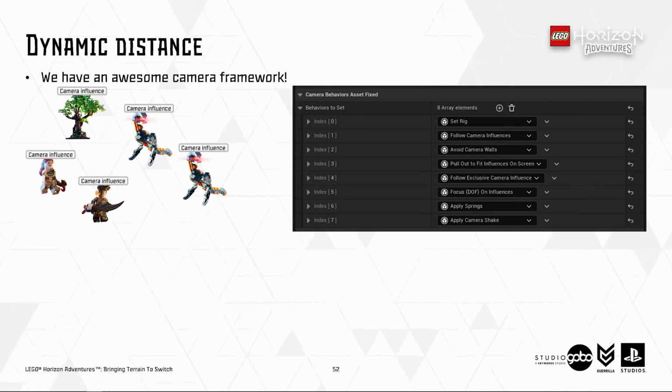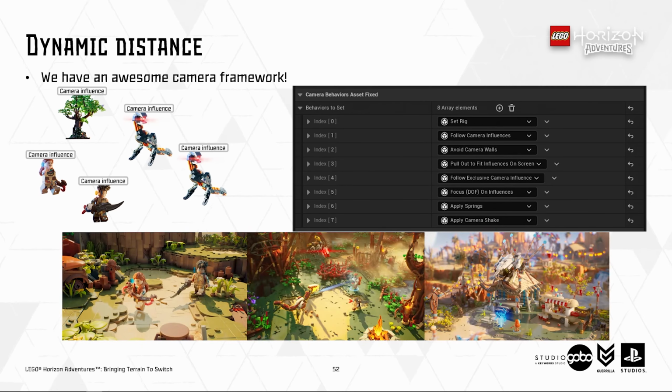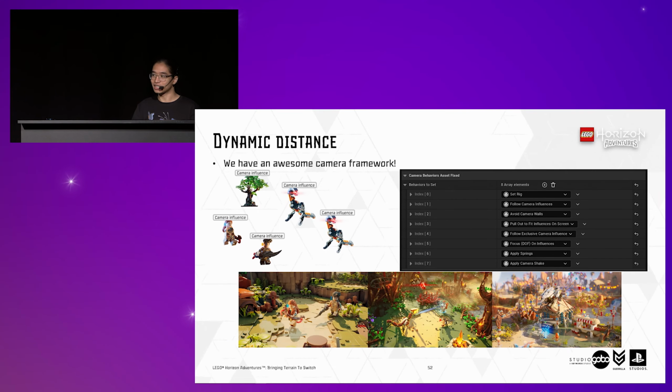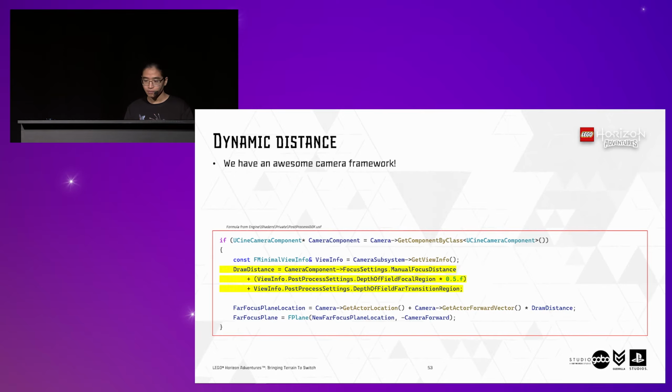It is also very customizable because the designers have lots of tweaks to showcase the world. And lastly, it covers a very large range of contexts, from usual map discovering to combat to boss fights and cinematics and so on. So it's very thorough. So we need a dynamic distance.